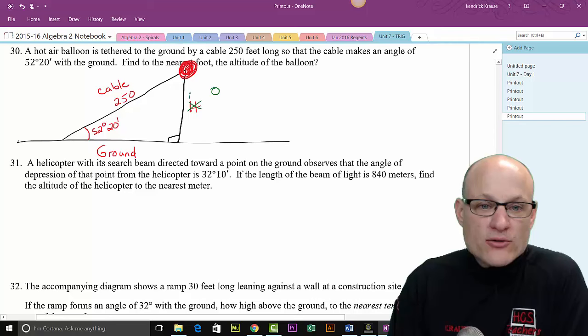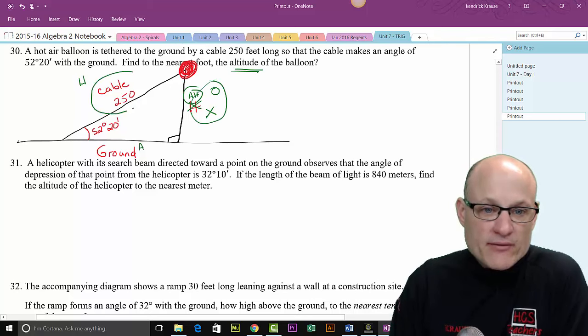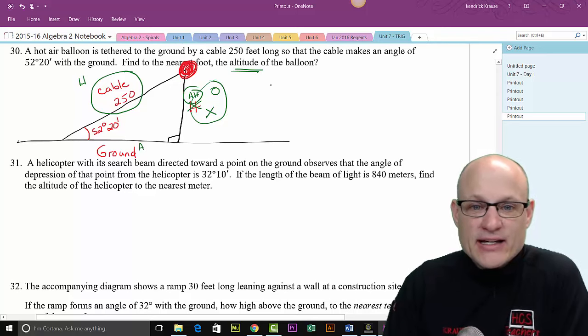Opposite, hypotenuse, and adjacent. The question is, what is the altitude? So we're going to call this x. So we need opposite, and the only thing we have is hypotenuse. So that's sine. So the sine of 52 degrees 20 minutes is equal to opposite x over hypotenuse 250.